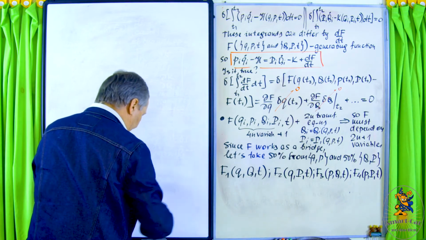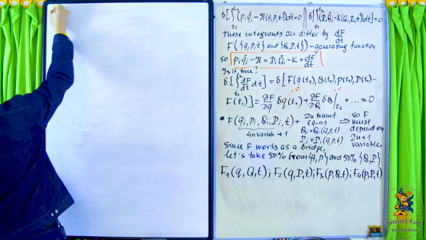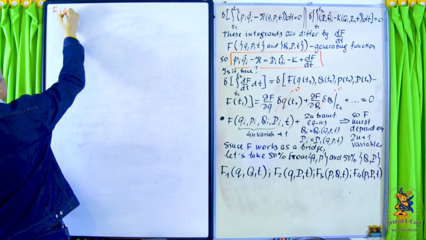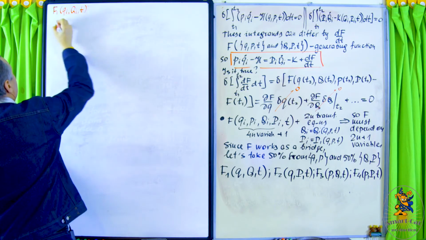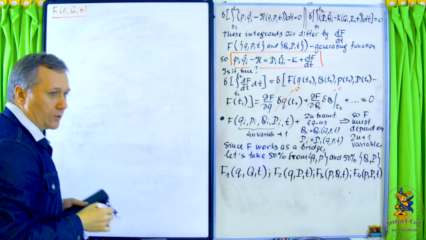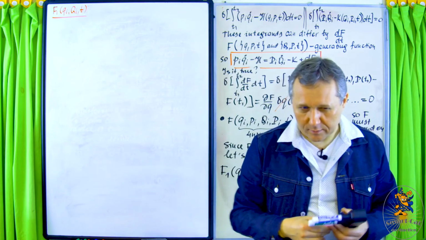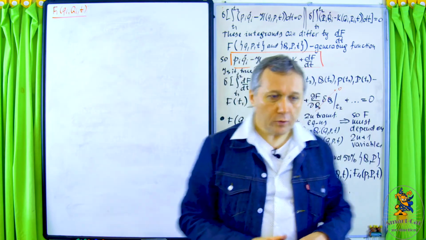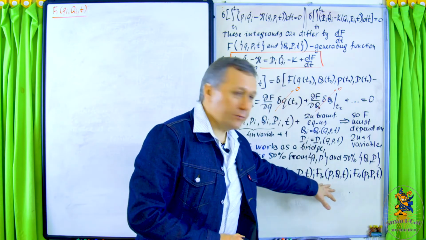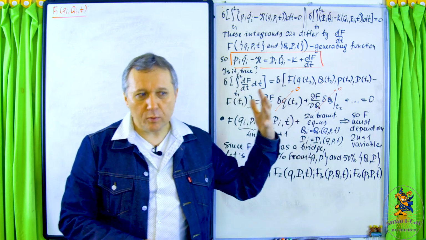Okay, so let's look at function f1, which is a function of q, Q capital, and t. The first generating function. Then next class on Tuesday, we will look at function f2. We're not going to play with functions f3 and f4 because it's the same story, just more complicated.